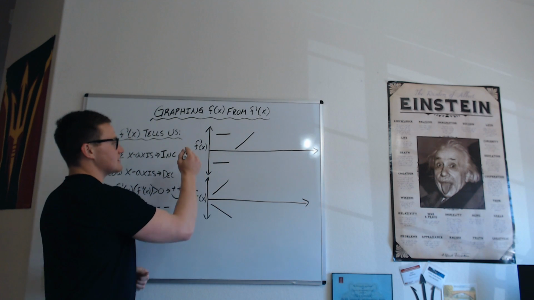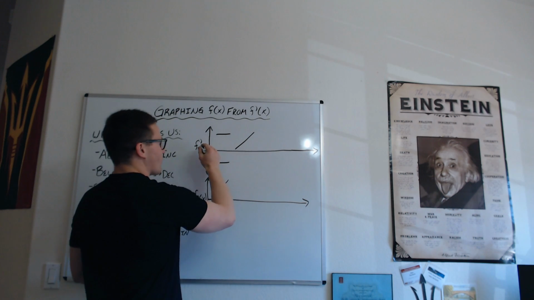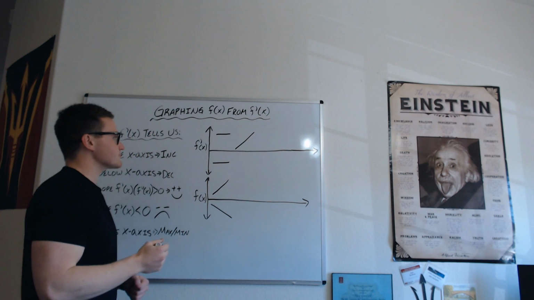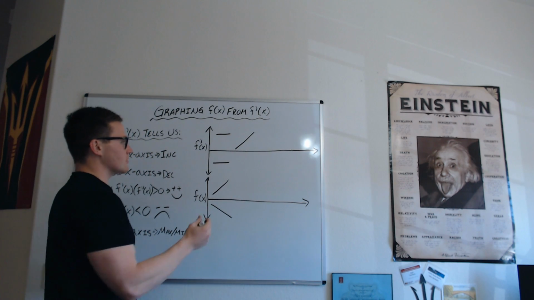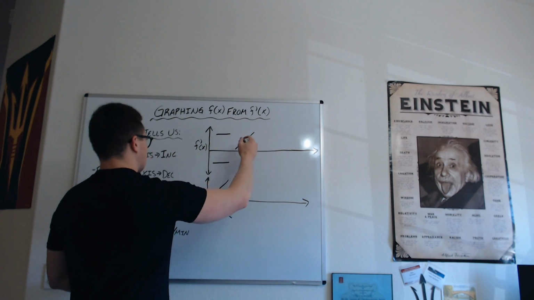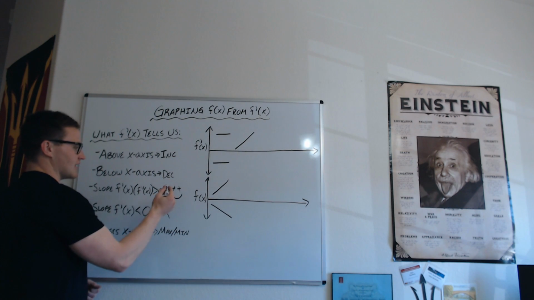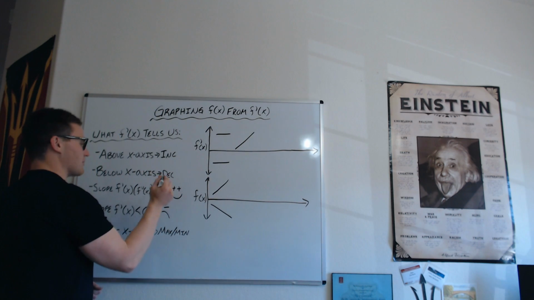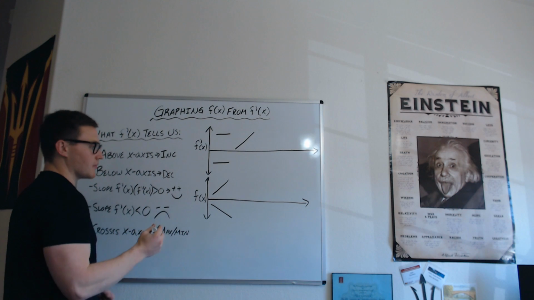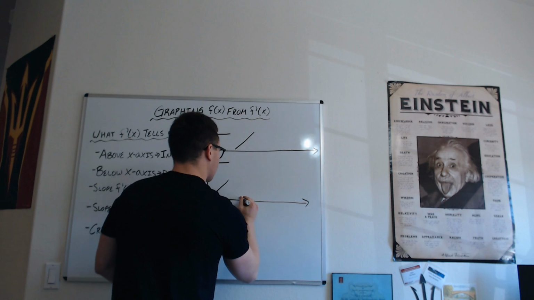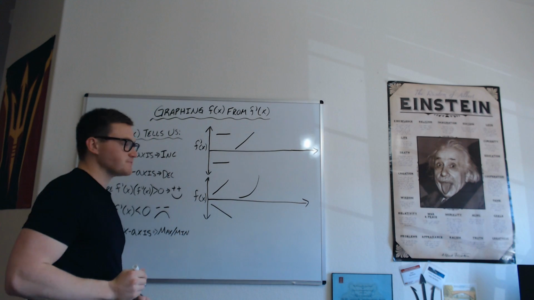And I can see that the rate at which I'm increasing is increasing. Also I can see that the slope of this line is positive, so I'm going to be concave up. So this on f of x is going to look something like this.